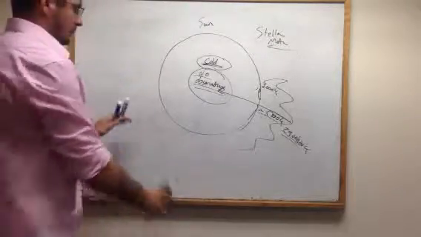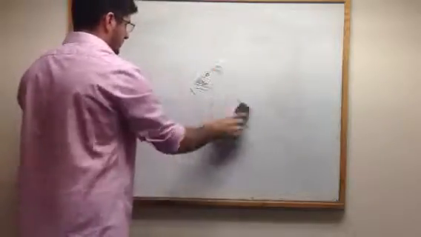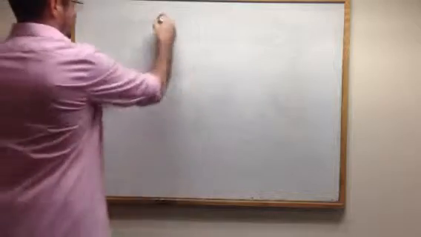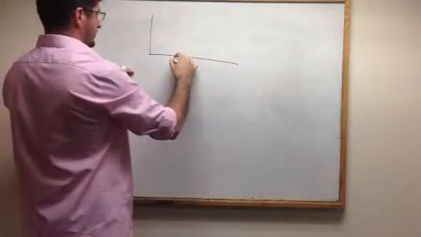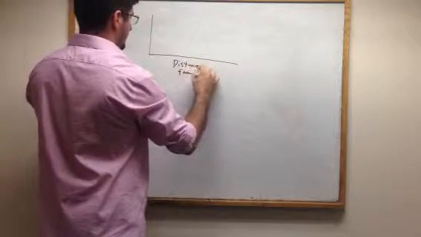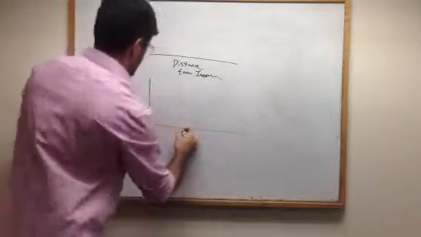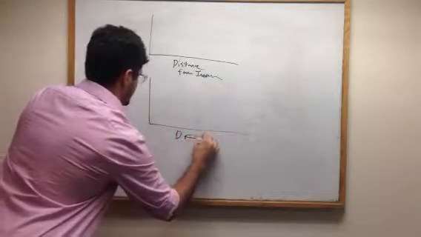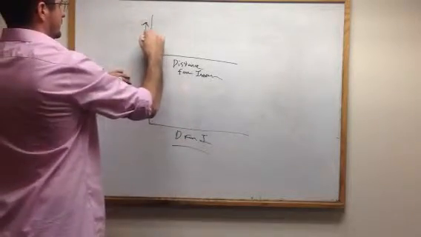Now I know there are a lot of people who are going to be up in arms about this, but it is an Occam's razor. So establishment science, here is the distance from interior, and then you have your temperature in Kelvin.